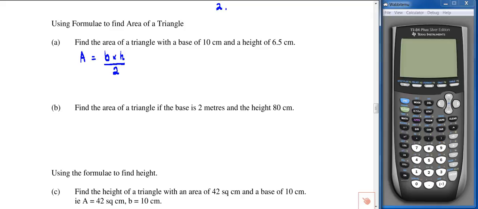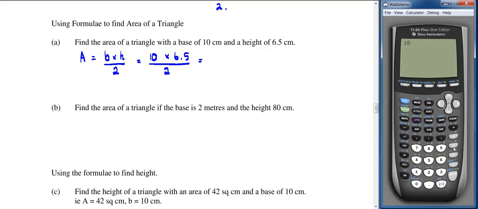We want to find the area if the base of the triangle is 10 centimetres, so we put 10 for the base, and its height is 6.5 centimetres, then divide that by 2. Let's pop that into the calculator.